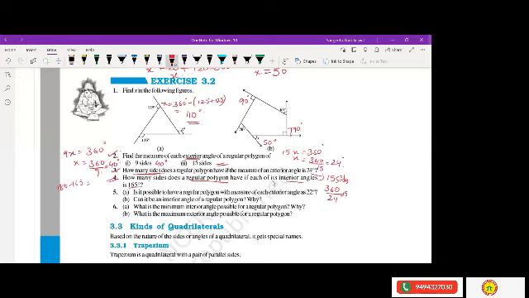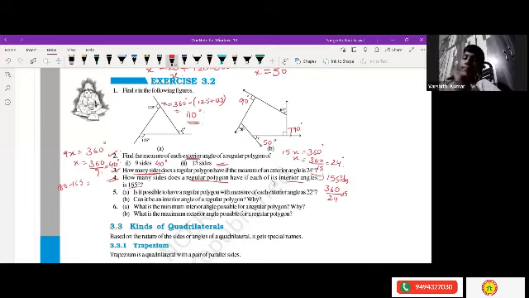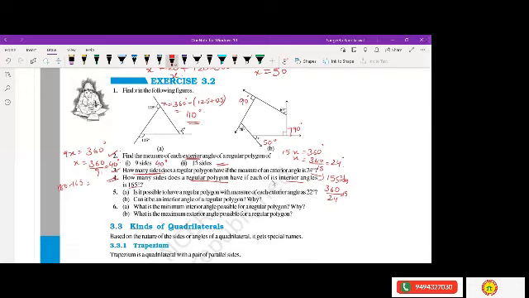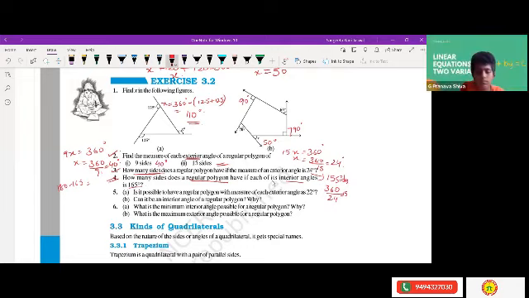Hello? Yes, ma'am. So I'm asking you, what will be the exterior angle? How many sides does a regular polygon have if each of its interior angles is 165? Please mute. Ma'am, I think 165 x is equal to 360.